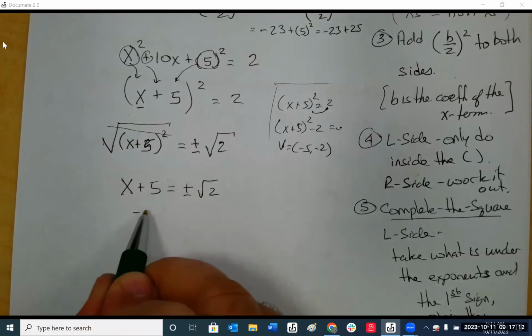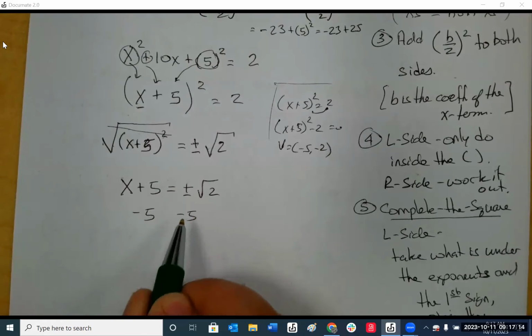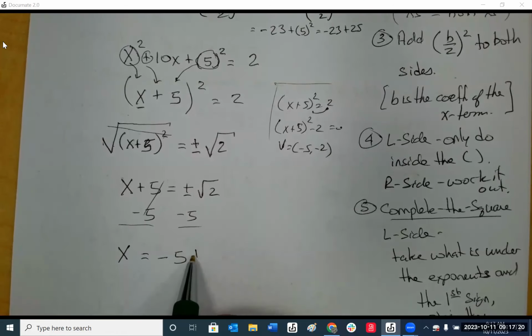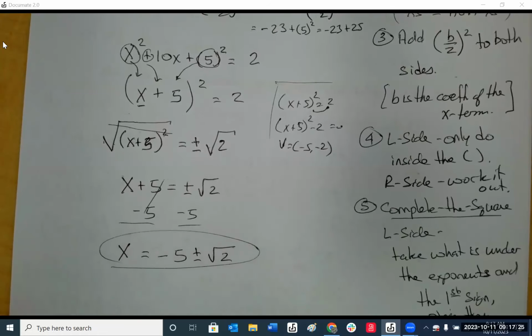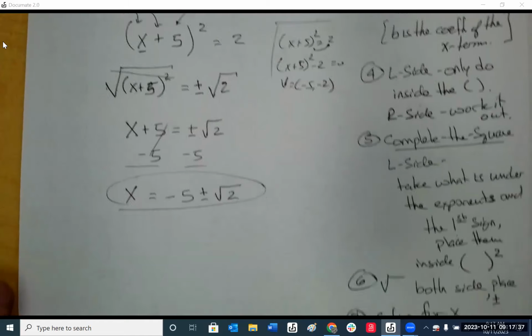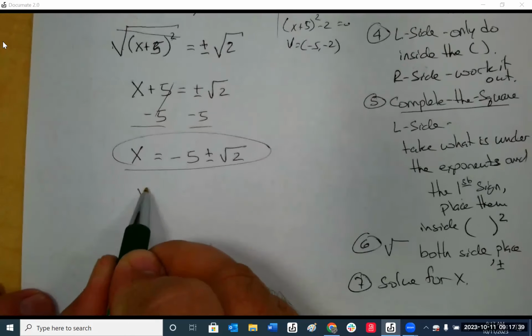When we solve for x, just subtract 5 from both sides. So x is equal to, these are our two answers. How do we get two answers?